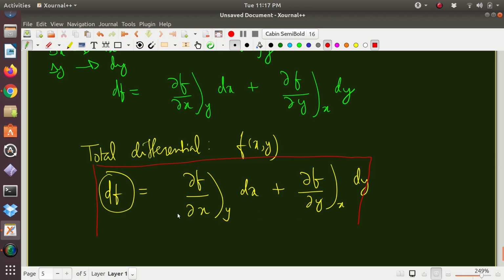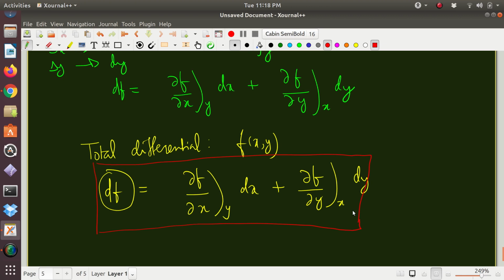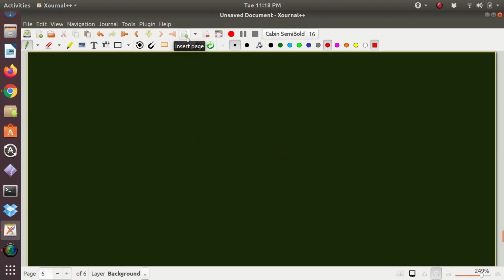This is a very important idea in multivariable calculus. It's used often in thermodynamics. It is a very simple idea, merely an extension of what we normally do in single variable calculus to higher dimensions. Now this idea can be generalized to not just two variables. You can also generalize to functions of many variables.